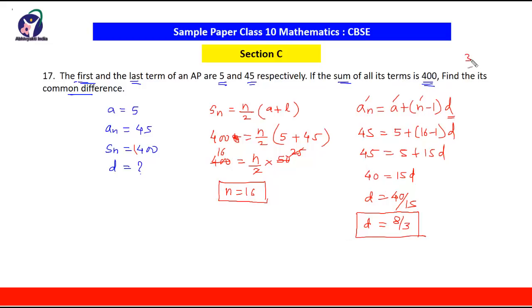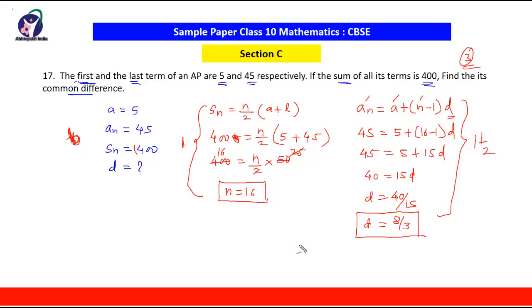The question is asked for 3 marks. So here if you write this, you may get half mark. Then here this is the first step, and so here you will get 1 mark, and for this portion you will get 1.5 marks. So in all you will get 3 marks, or sometimes here you will not get half mark.